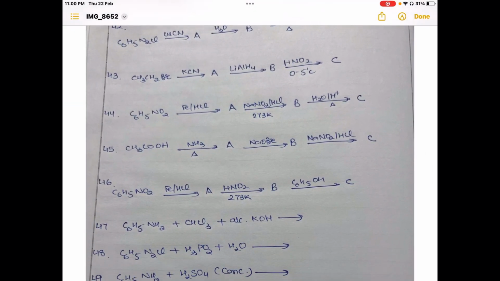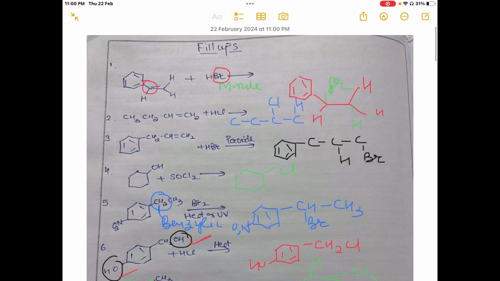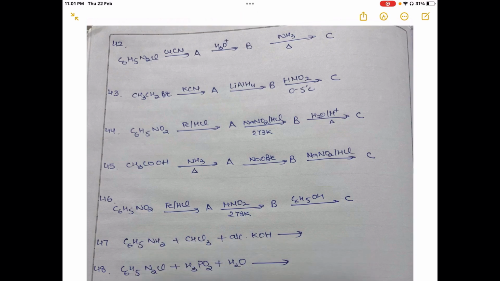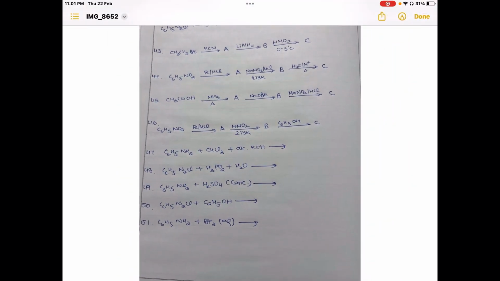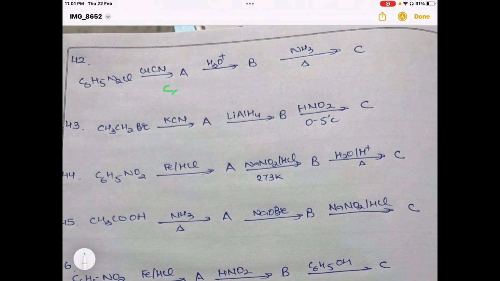Next we have a reaction, C6H5N2Cl with CuCN. This one is a Sandmeyer reaction. N2Cl is replaced by CN here. So in this case the product is C6H5CN.